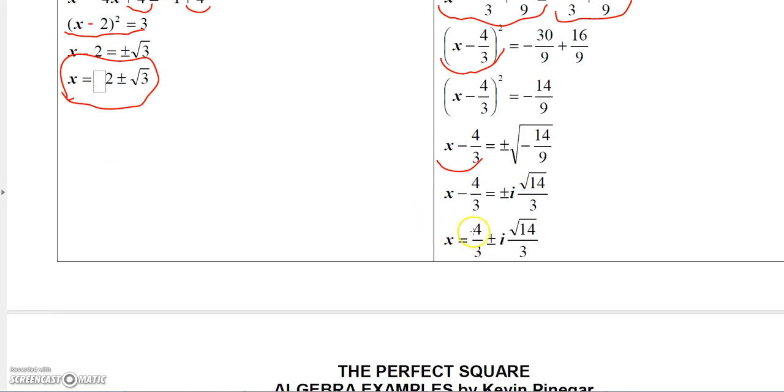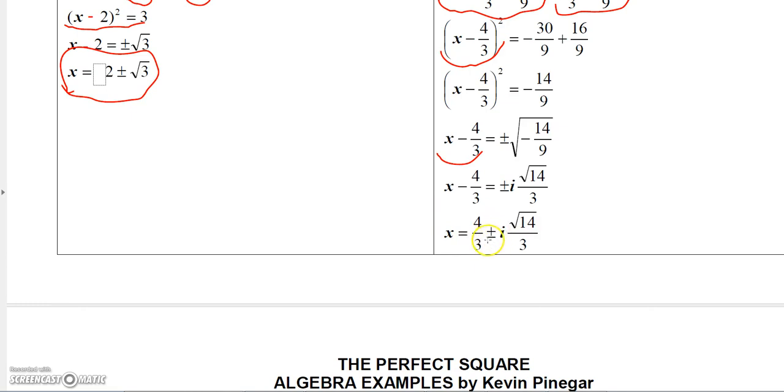And then if you add 4 thirds to both sides, you get x equals 4 thirds plus or minus i times the square root of 14 over 3. And again, this answer is a complex number, so if you haven't done problems that involve complex numbers, you could skip this one until you cover the section on complex numbers.